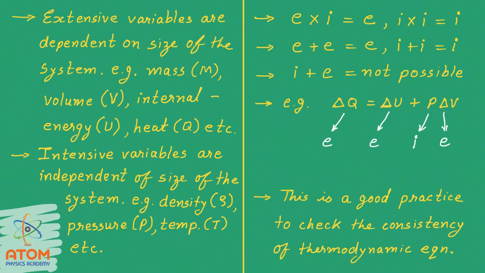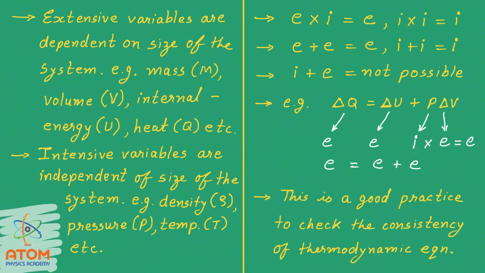But here P and delta V are multiplied, so intensive into extensive will give us again extensive. So you can see that here extensive is equal to extensive plus extensive, right? That means on the left side and the right side of this equation there are similar types of variables, that is extensive variables, and so this equation is correct.